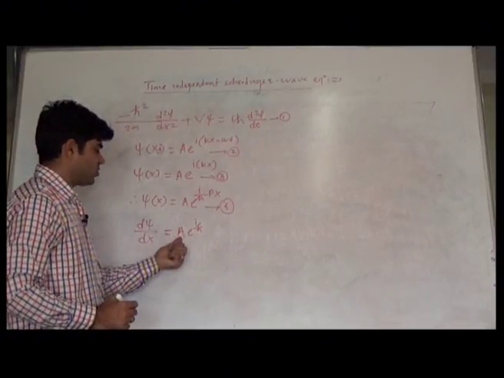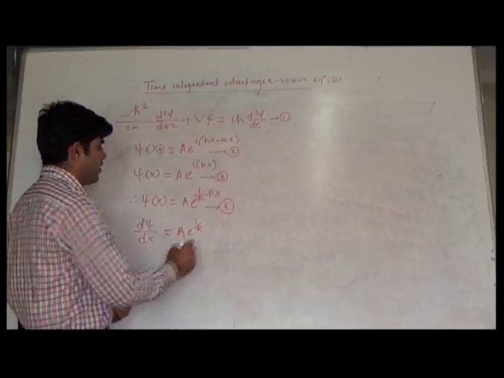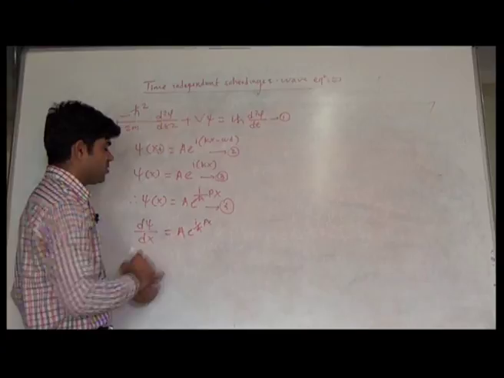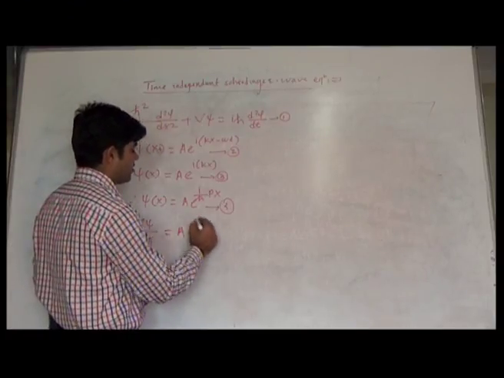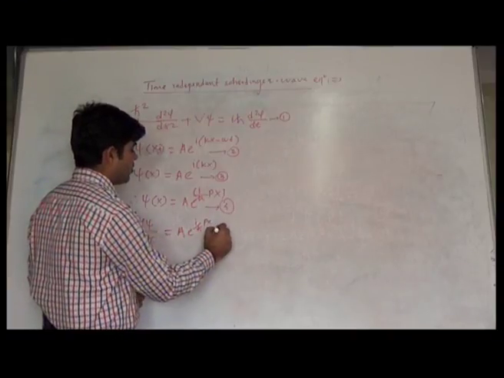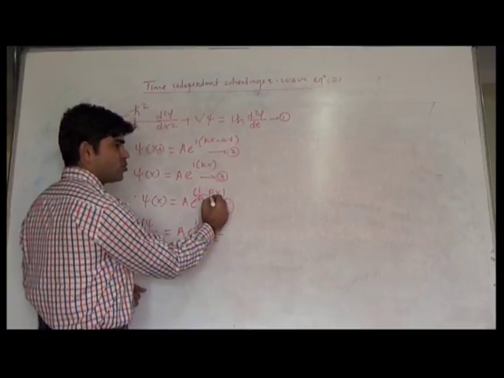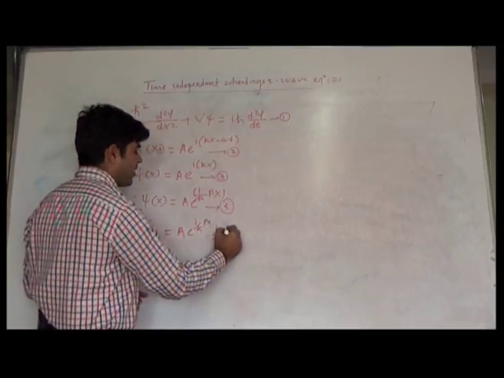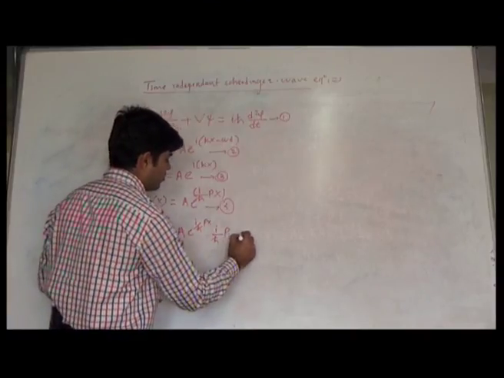A is constant, so it stays outside, and the differentiation of e raised to i upon h cross px is the same as it is, into the differentiation of the whole bracket, that is i upon h cross times the differentiation of px. p is constant, so take it outside the bracket: p into dx upon dx is equal to 1. Equation number 5.